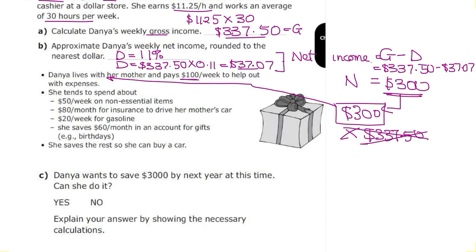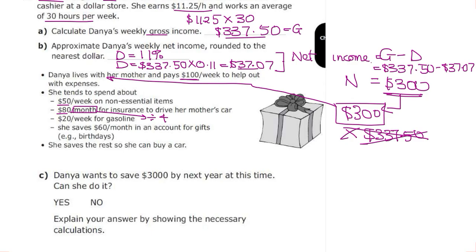This person's additional expenses for herself alone are $50 per week. The next one is $80 per month. Keep this in mind, because if it's per month, we have to convert it to how much per week this person contributes, which means I'm going to divide this by 4.